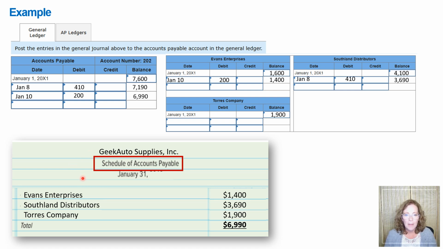Next, we write the vendors and the ending balances. So here we have Evans Enterprises for $1,400, Southland Distributors $3,690, and Taurus Company for $1,900 for a total of $6,990.